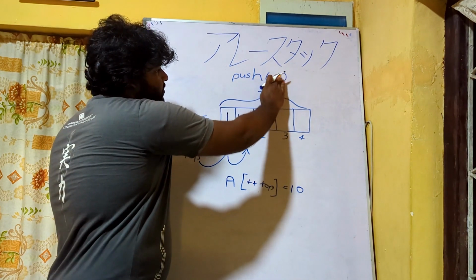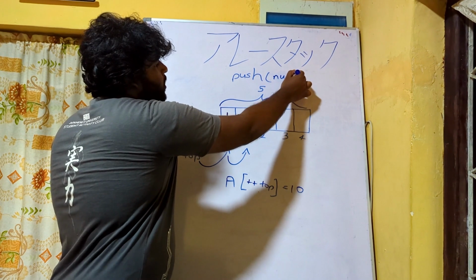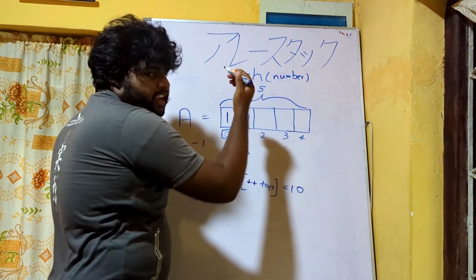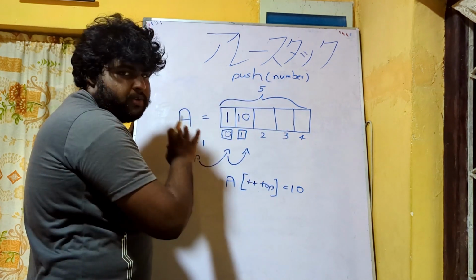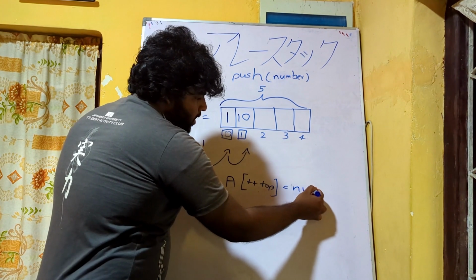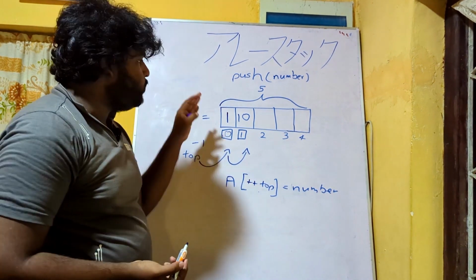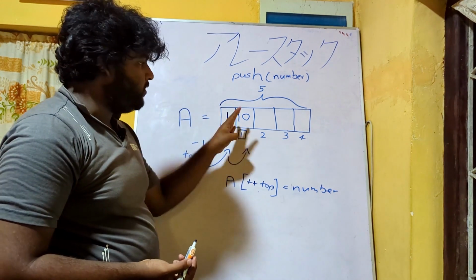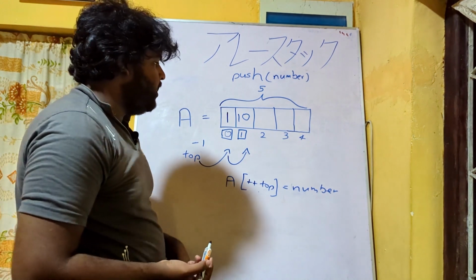So likewise, we can add any number or any element. In this case, this is an int stack, so this should be a number. And using this statement, we can actually push the elements into our stack and keep track of the last inputted element.